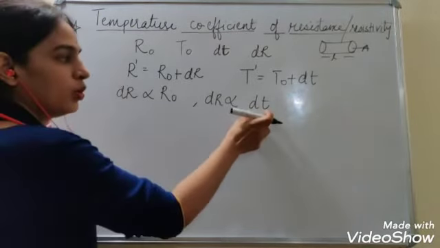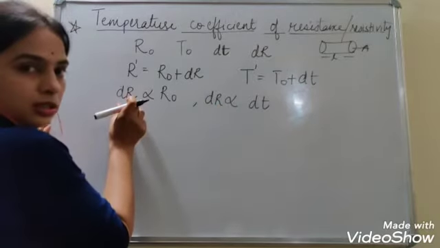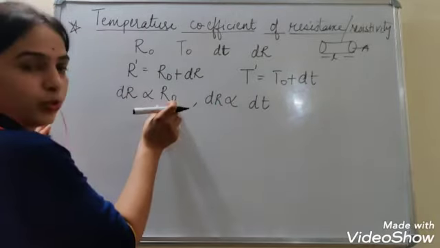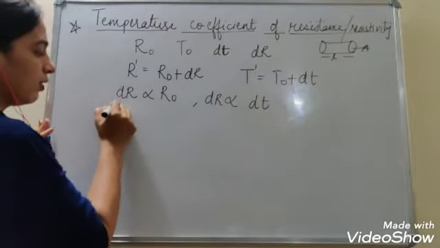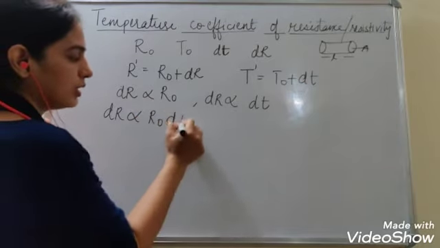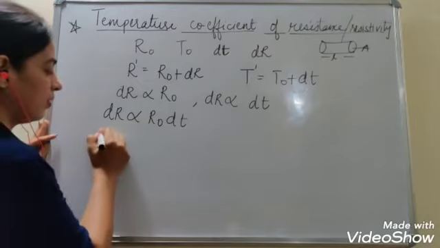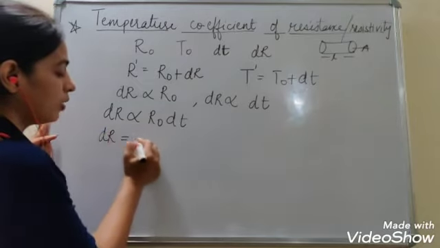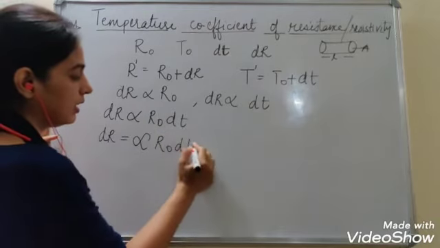The more you change the temperature, the more is the change in resistance, and the change in resistance is directly proportional to the initial resistance. So combining these two, we can write dR is directly proportional to R0 dT. Removing the proportionality sign, we can write dR is equal to alpha R0 dT.